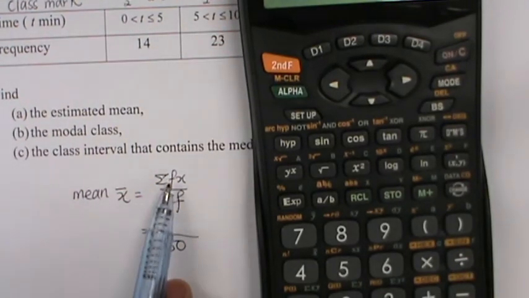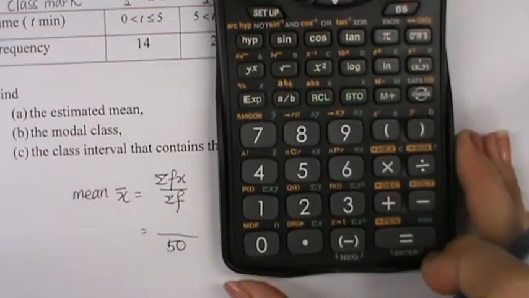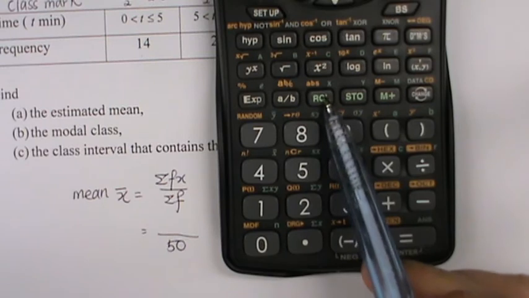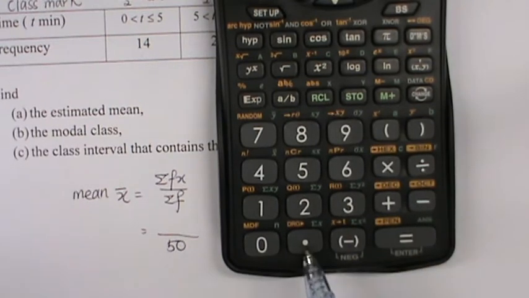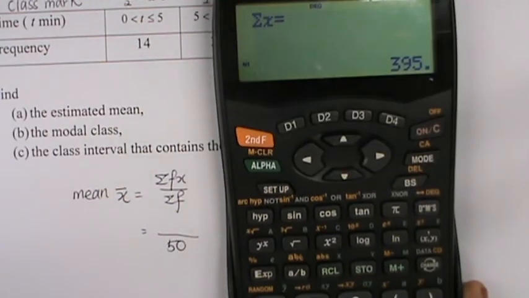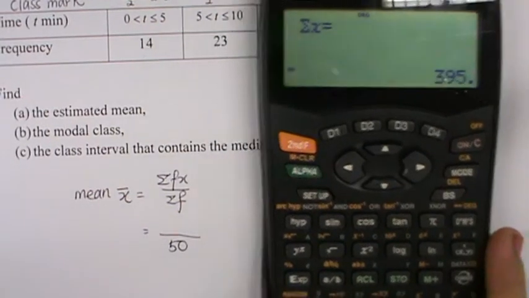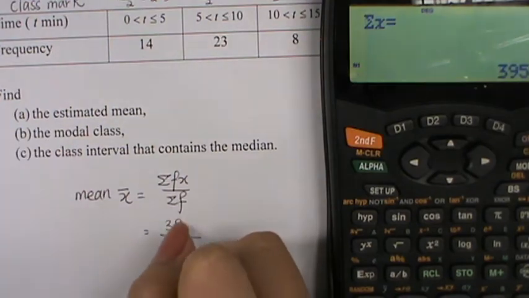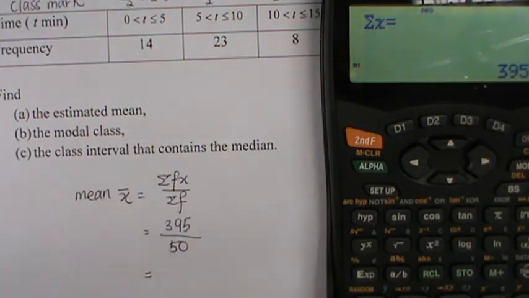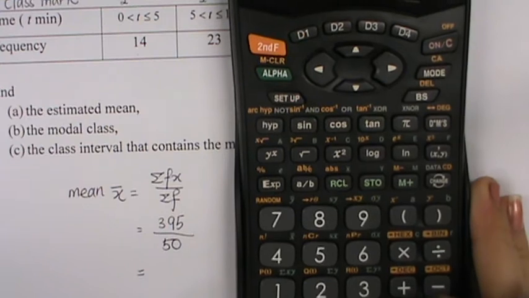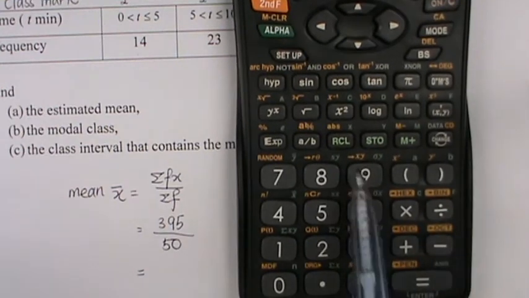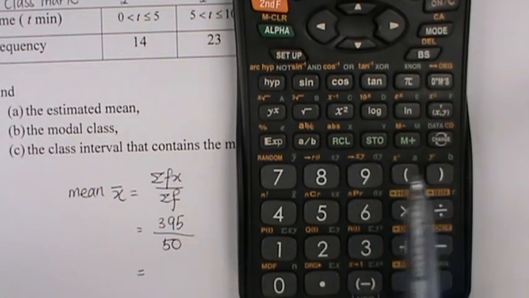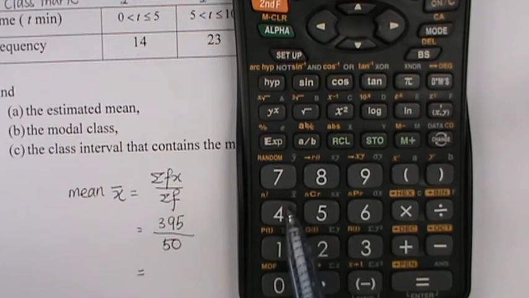Next, I will need to look for summation fx. Where is summation fx? RCL, recall, followed by the decimal place where you see summation x, and this will be 395 for my summation fx. I'm able to call for my mean directly by pressing RCL 4 where you see the x bar.